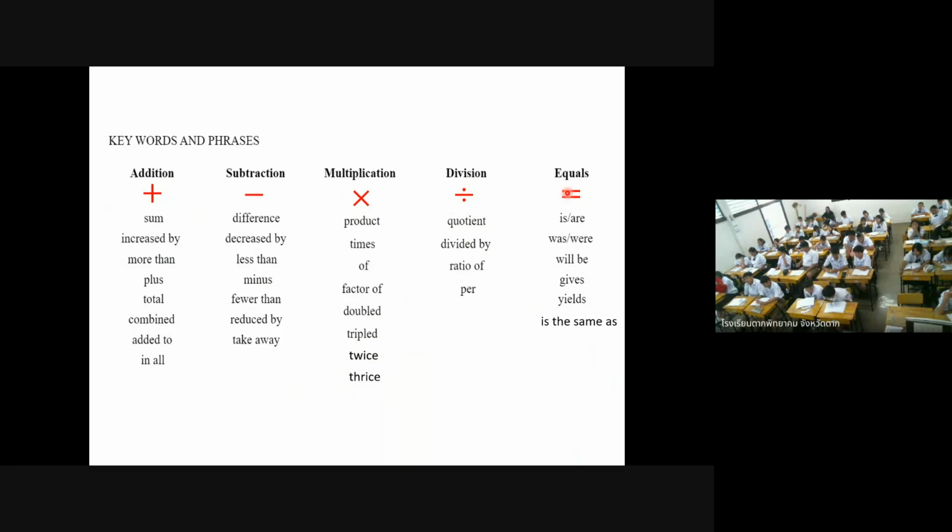And for equals, we have is or are, was or were, will be, gives, yields, and is the same as. If you see these words, you're going to translate it into the equal symbol. Don't worry, later we're going to use all of this. Okay, next.